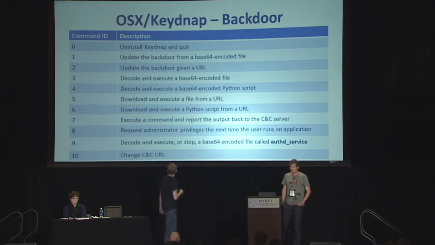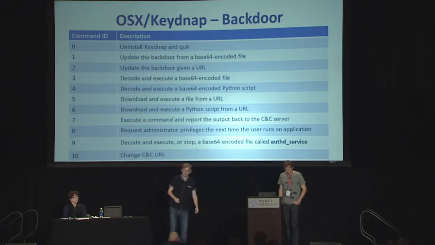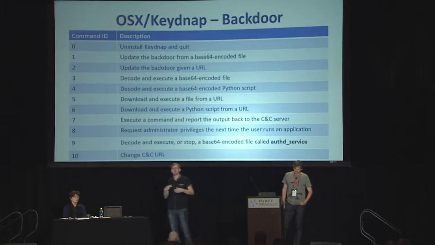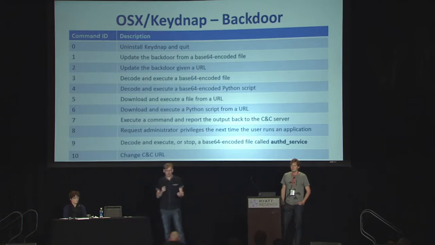There's a request administration password, number 8, which waits for 2 processes within 2 seconds to be executed, and then they will ask for a password to evaluate the privileges. That's quite nice. In the latest version, as I said, command number 10, they can change the CNC URL.